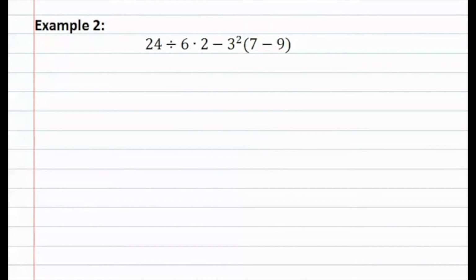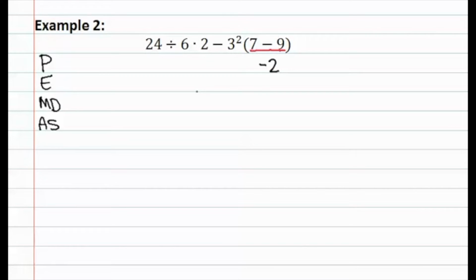Example 2 gives us another opportunity to work with the order of operations. Once again, write PEMDAS down the side of your page to ensure you do not forget the order of steps. We first start with P, which is looking at if there's anything inside of parentheses. 7 minus 9 is inside the parentheses, which means we will get to the answer of negative 2.